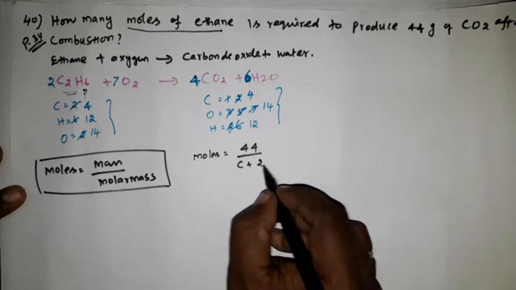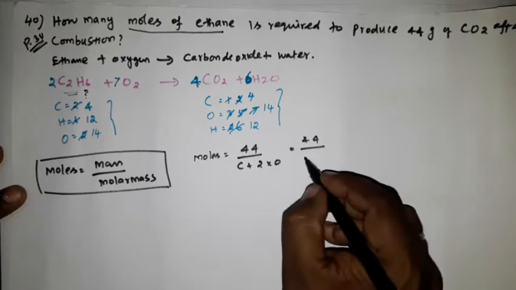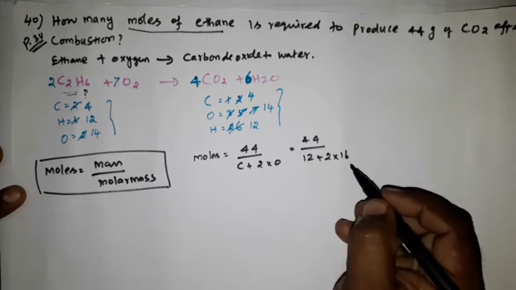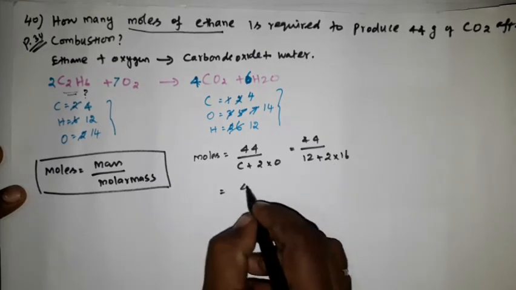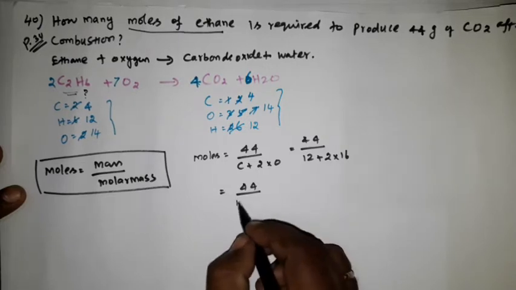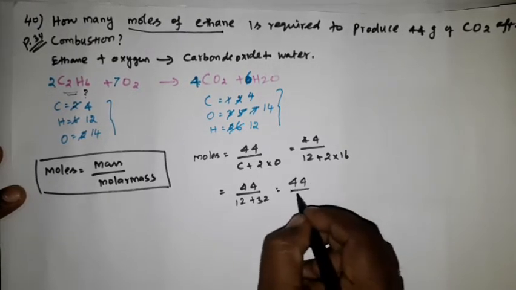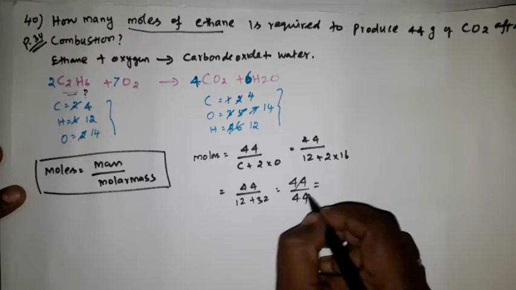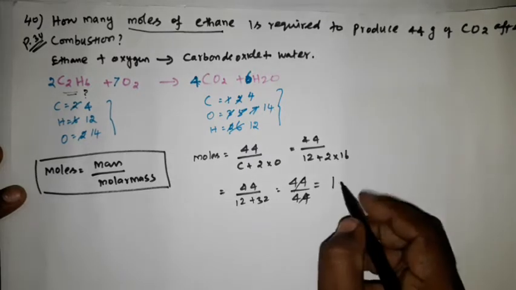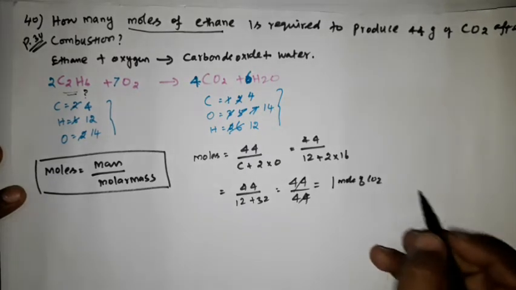Carbon plus 2 into oxygen. So 44 divided by 12 plus 2 into 16, that is 44 divided by 12 plus 32, equal 44 by 44 equal 1 mole. So 44 grams will give 1 mole of carbon dioxide, CO2.